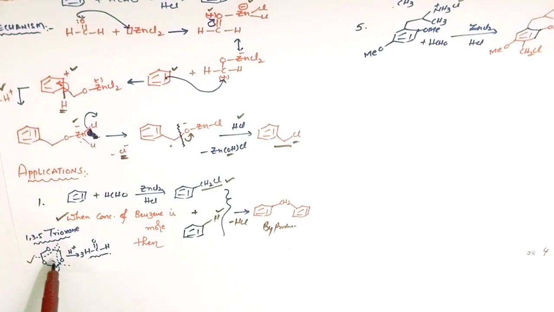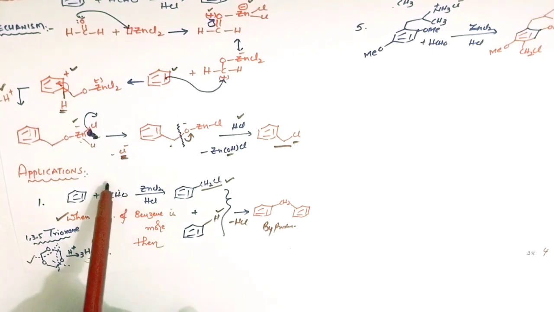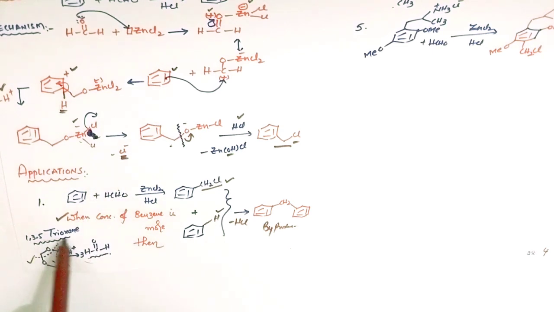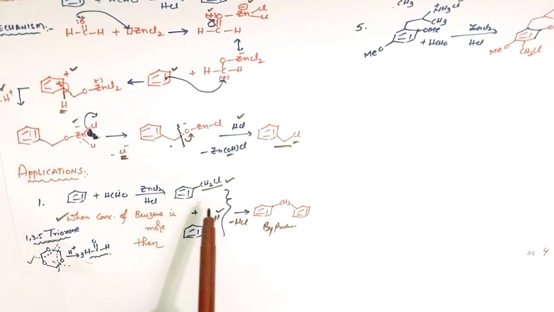So it is the compound which is generating the formaldehyde in an indirect way. That's why in place of formaldehyde, in some reactions we can observe 1,3,5-trioxane. Simply conversion of aromatic compounds into their corresponding chloromethyl derivatives.